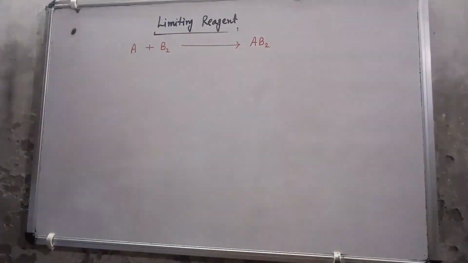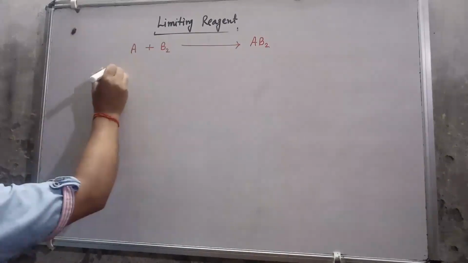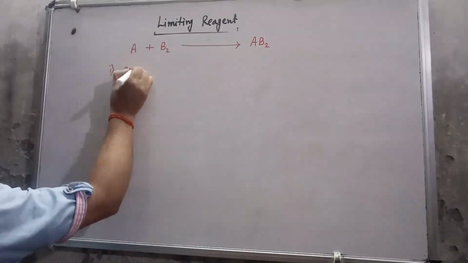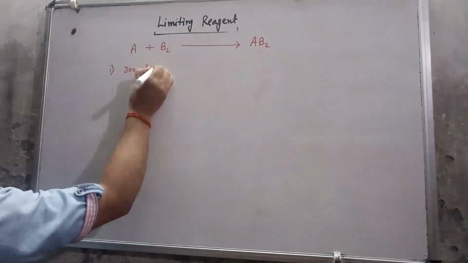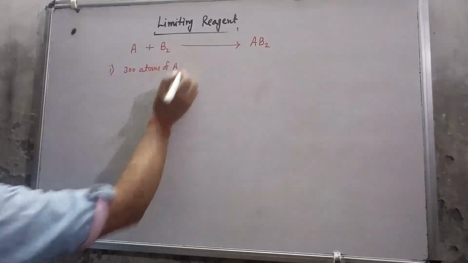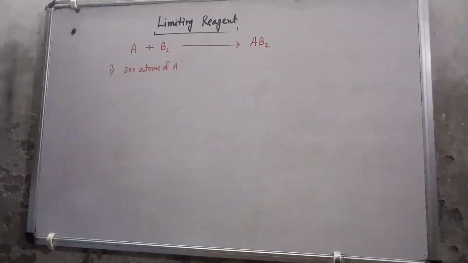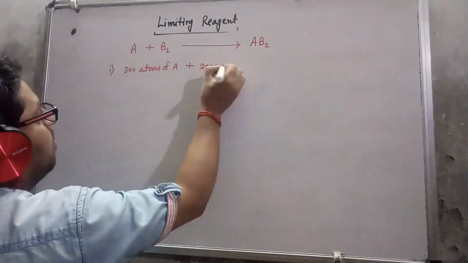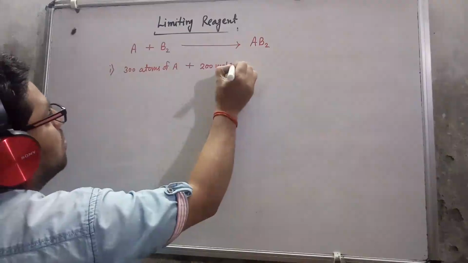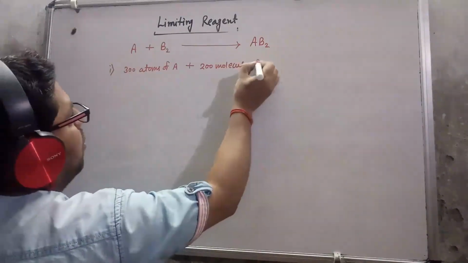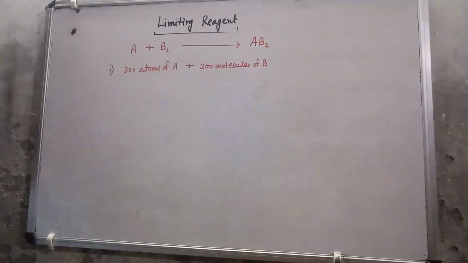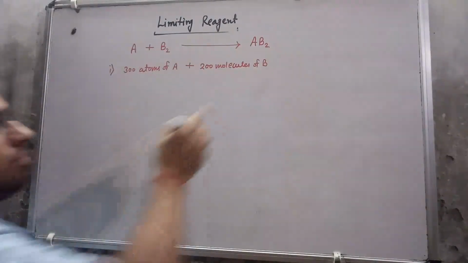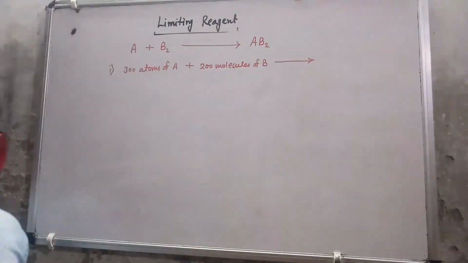Now some points are given and they are asking which one is the limiting reagent. First point: 300 atoms of A combined with 200 molecules of B2. They are asking which one is the limiting reagent.